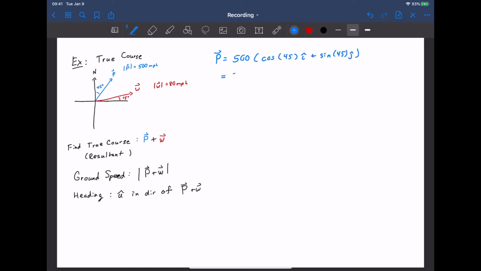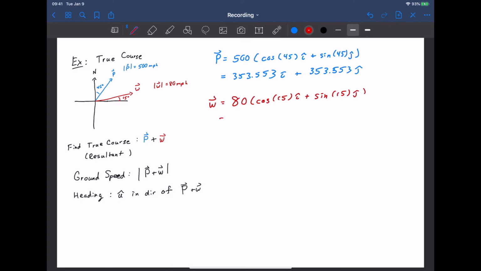This would be 353.553 in the i hat direction plus 353.553 in the j hat direction, right? 45 degrees is the only one that's the same. The 15 degrees was the giveaway that you should have used the calculator, so I'm not going to take the blame for that. 80 times cosine 15 in the i hat direction, sine 15 in the j hat direction.